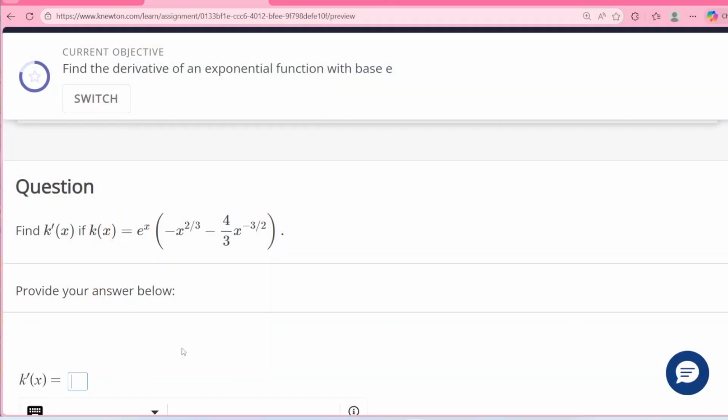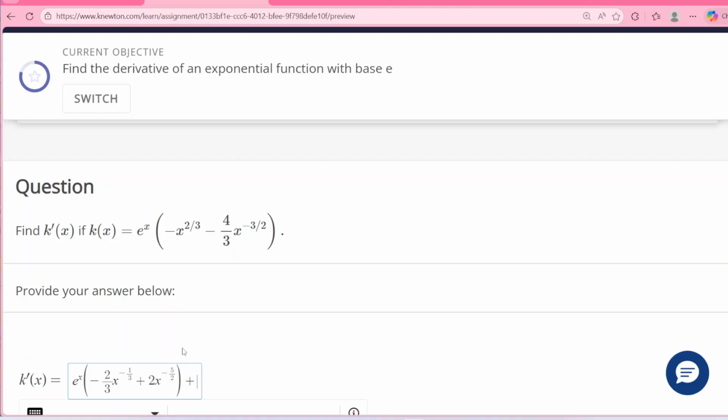Now you could factor e to the x out of both of those, but I'll write it. So you have the first factor, e to the x, times negative 2/3 times x raised to the negative 1/3 power, plus 2 times x to the negative 5/2 power.